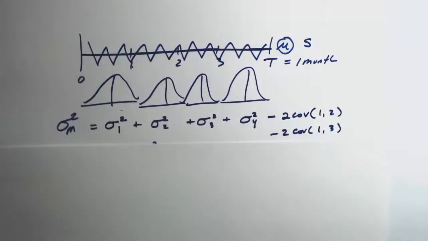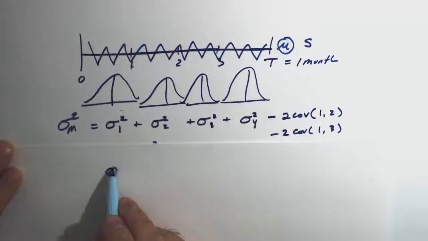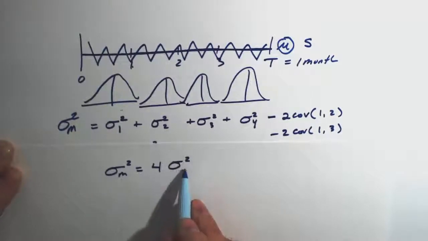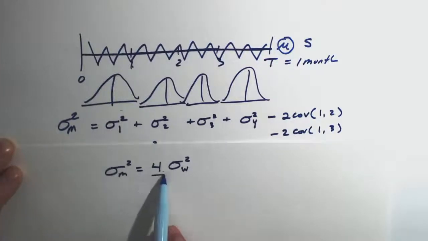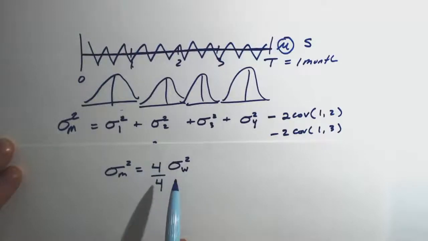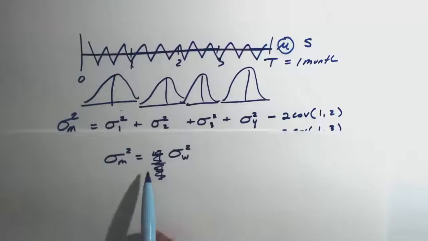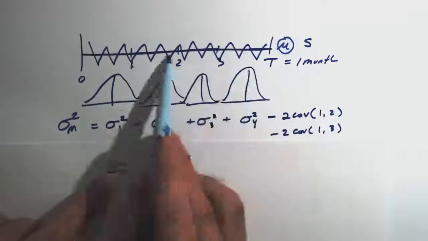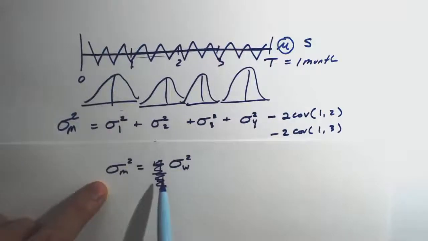So what you have here is that the variance or the volatility of a month equals 4 times the variance of a week, right? But in order for this to equal, you average out, you take the average of those 4 volatilities. There's no difference between the volatility of a month versus the volatility of a week.